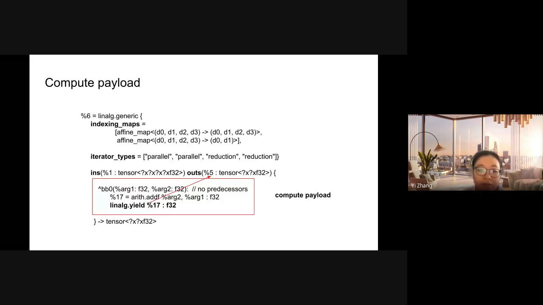Also, the number of operands of the linalg.yield needs to match the number of outputs. So it's possible to have multiple output operands, and in this case, the yield also needs to have the same number of operands.